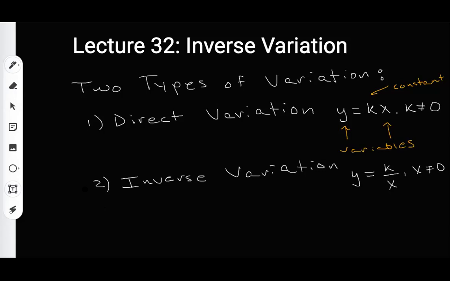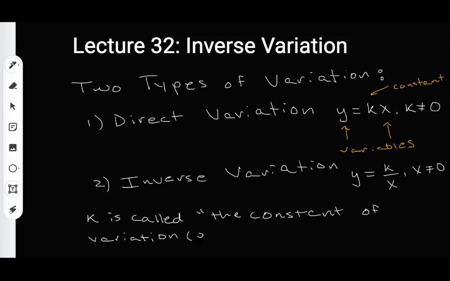All right, so let's talk about k a little bit more. We know that k is just going to be a number, but k is often called the constant of variation, otherwise known as the constant of proportionality.